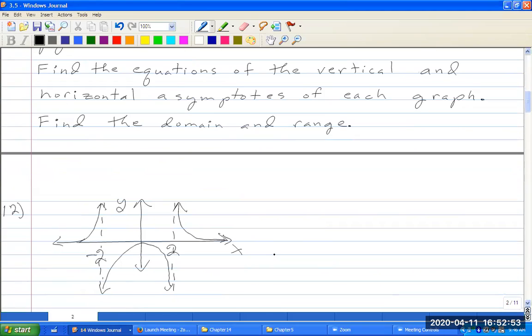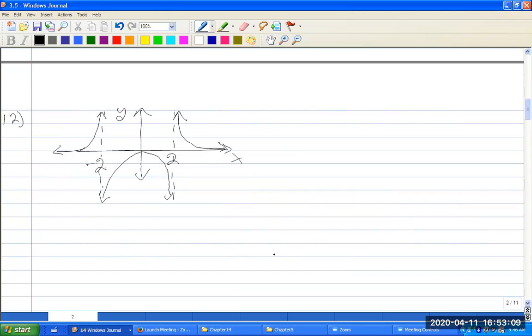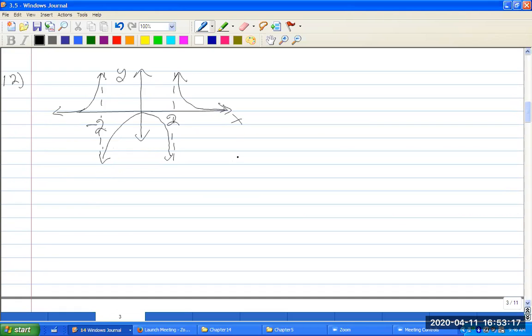So let's find the equations of the vertical and horizontal asymptotes of each graph. Also find the domain and range. Okay, so for problem number 12, it looks like this. So let's first find the vertical asymptote.